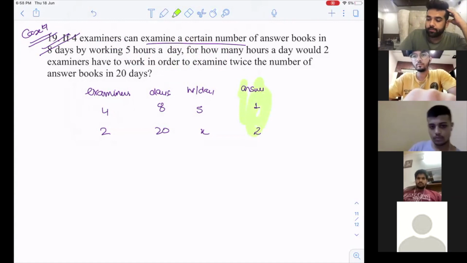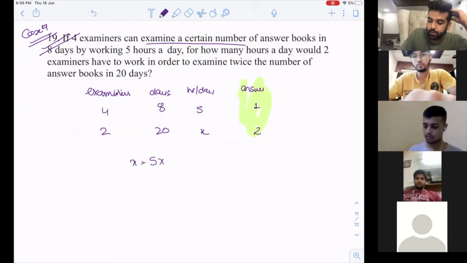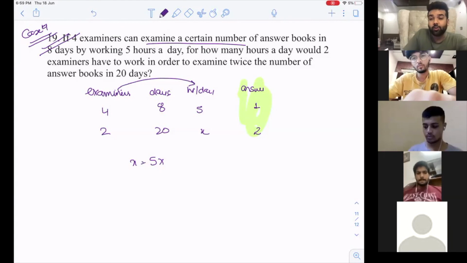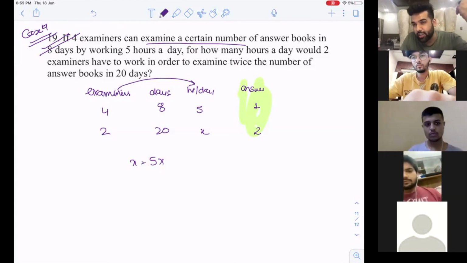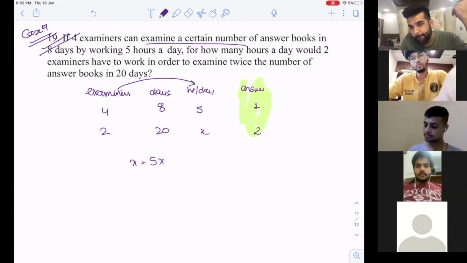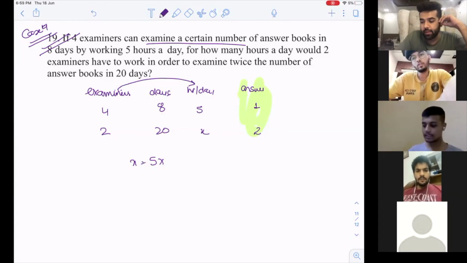So let's do it. X is equal to 5 hours a day. 4 examiners work 5 hours a day. If there are 2 examiners, would the workload be increased or decreased? Increase. So it would be 4 by 2. Everybody clear?